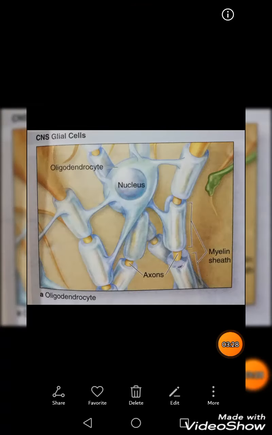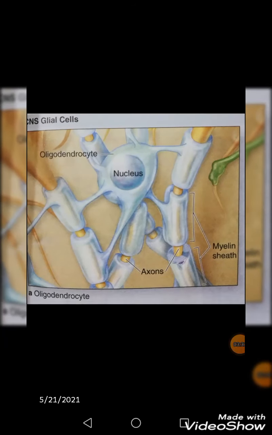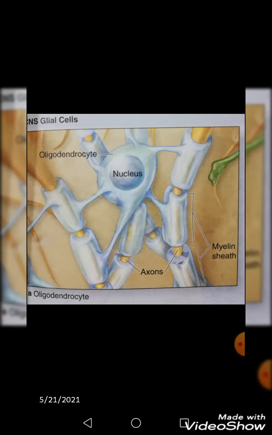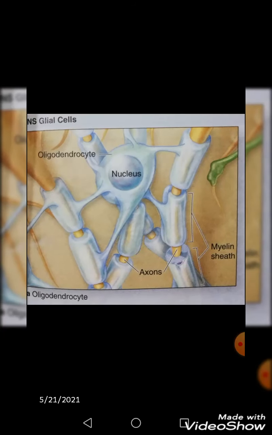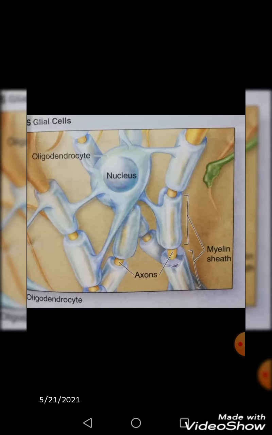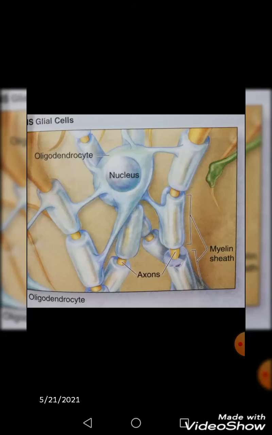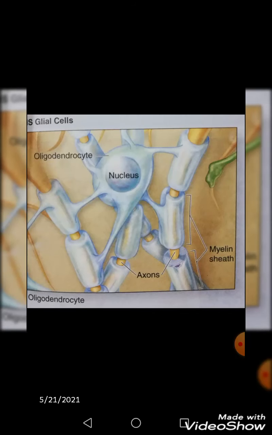Now look at the oligodendrocytes. They have rounder and denser nuclei, you can see in the very center, right? Oligo means scanty, which means they do not have perivascular feet, but their cytoplasm is definitely filled with cellular organelles like that of previous cells, like mitochondria, Golgi apparatus, but we expect no intermediate filaments in them.